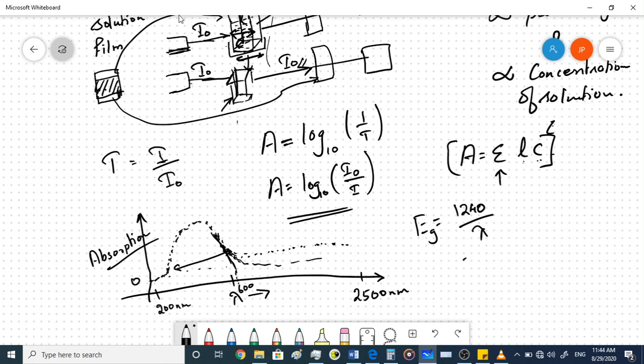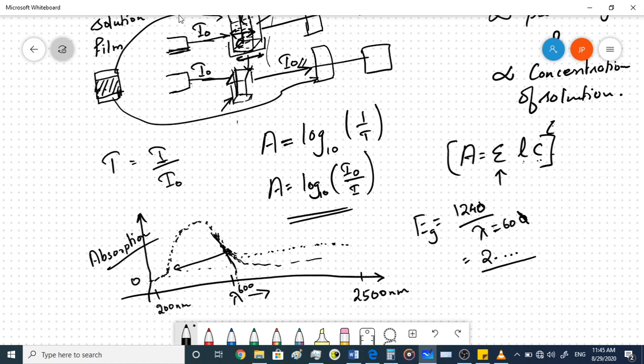If it is 600, you can cancel this out. You get something near to 2 point something, right? 2.1 or 2.2 in that range.